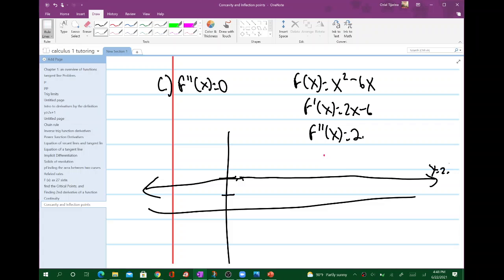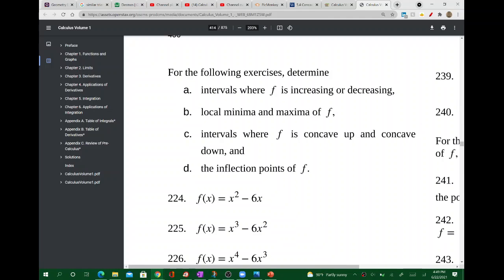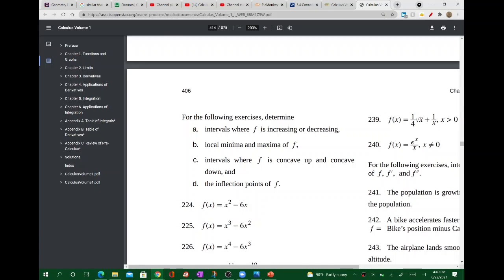However, this one's a little bit trickier because the inflection point would be where it's going in the middle of concave up and concave down.